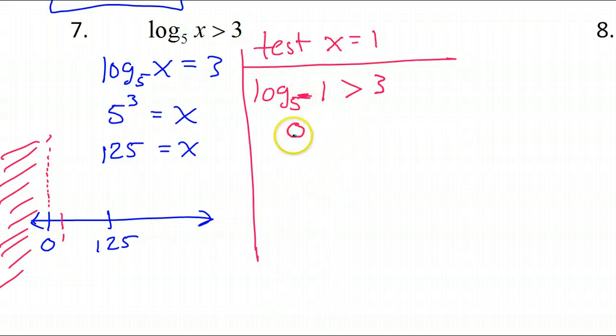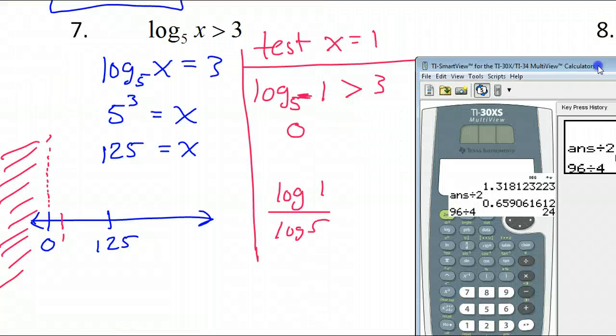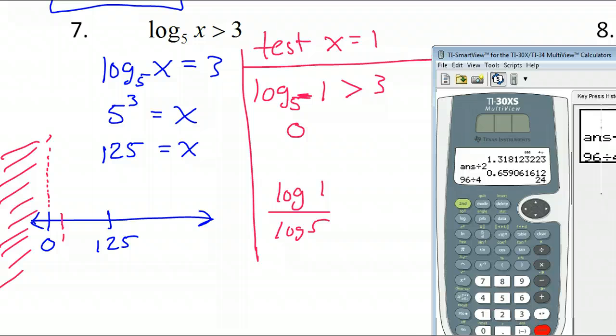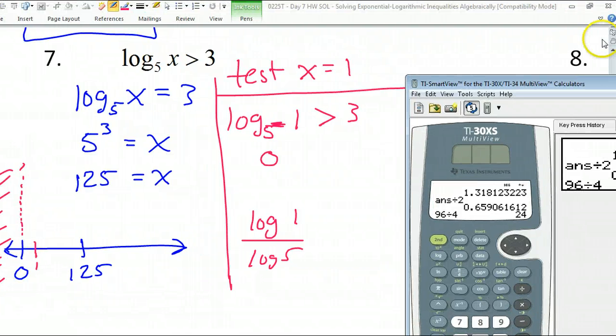By the way, if you were ever to forget this, or if you were to pick something other than 1, you could use the change of base formula, even on this. You could do log 1 over log 5. Let's just do that one time and see what we get. Hold on, technical difficulties.